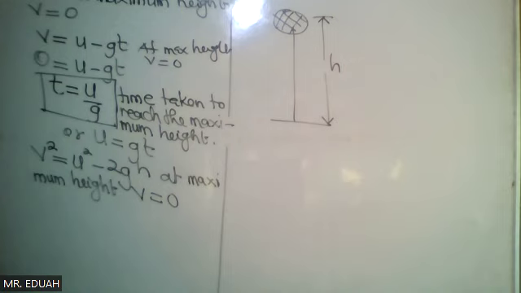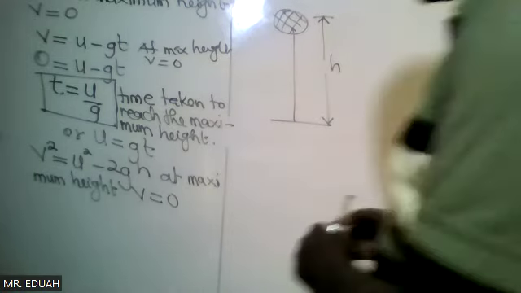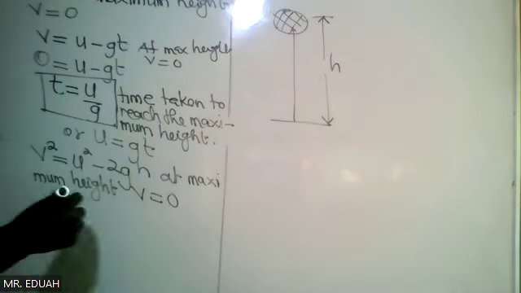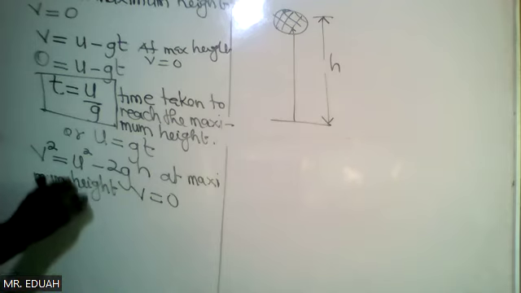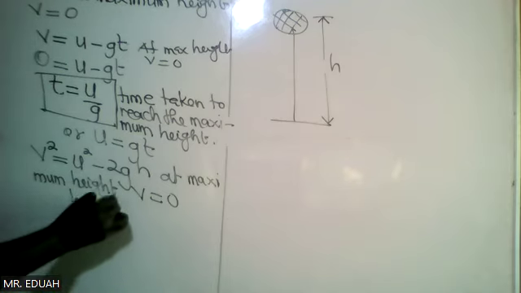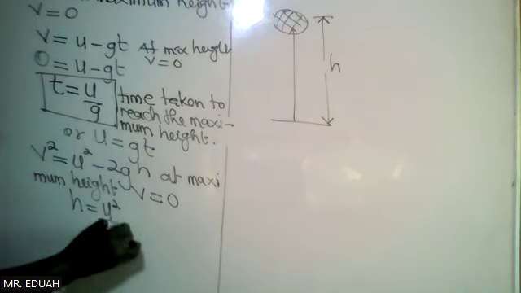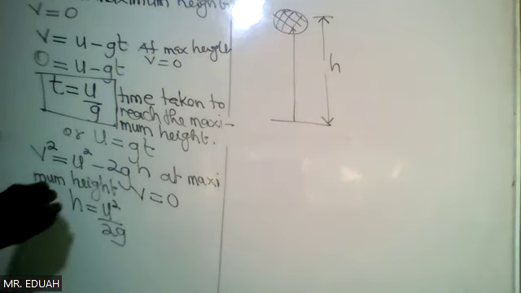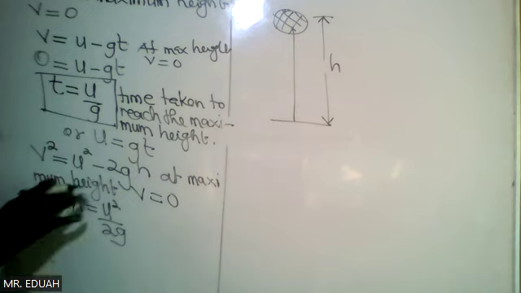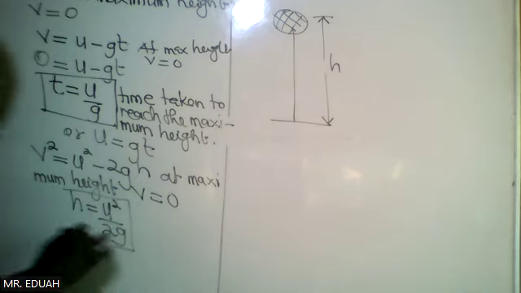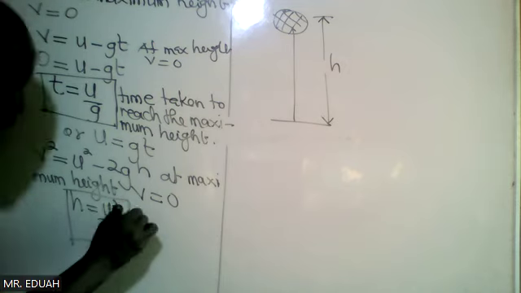Please add u squared over 2g. Exactly. So you have h is equal to u squared over 2g. And this is the relation, or what you will call the formula, for the maximum height reached.